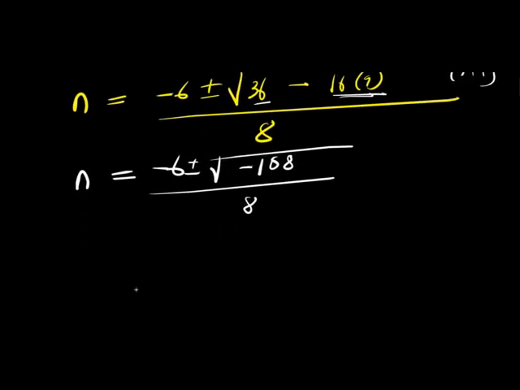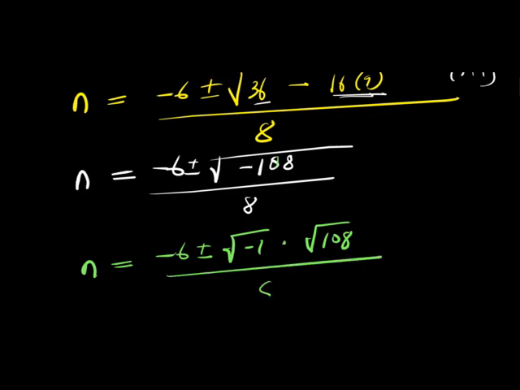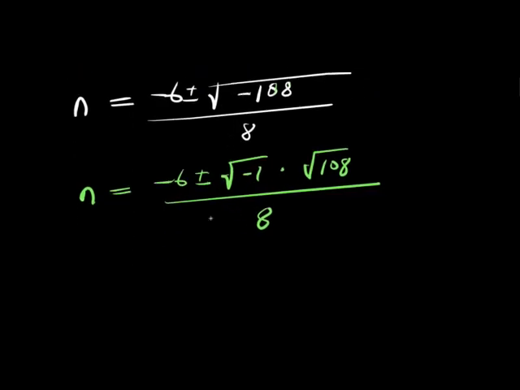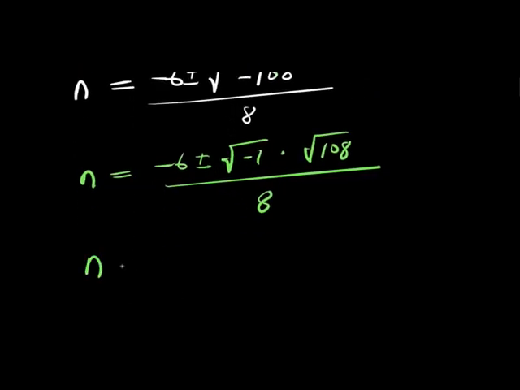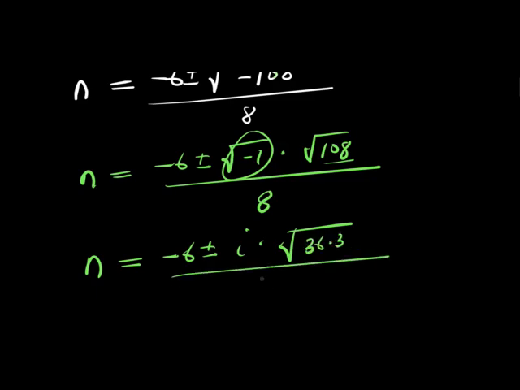So from here, we have n equals negative 6 plus or minus the square root of negative 1 times the square root of 108, divided by 8. The square root of negative 1 is i, times the square root of 108. 108, we can express as 36 times 3, divided by 8.